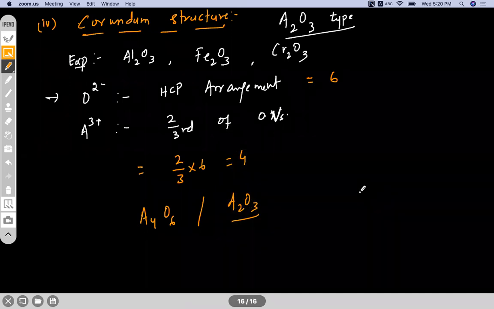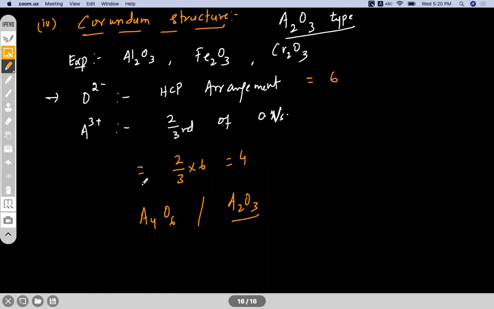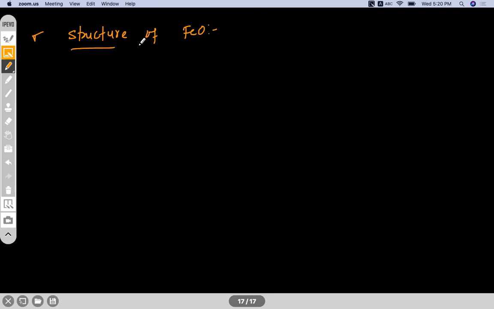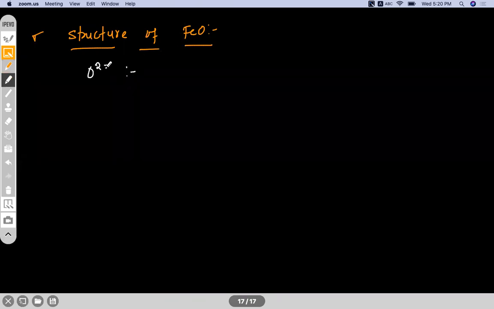This is also important. One last one I write down, the structure of FeO, another oxide of iron. After this, we have one more, that is the structure of diamond. Structure of FeO and then diamond we'll see. Write down. Again here, O2 minus forms CCP packing.